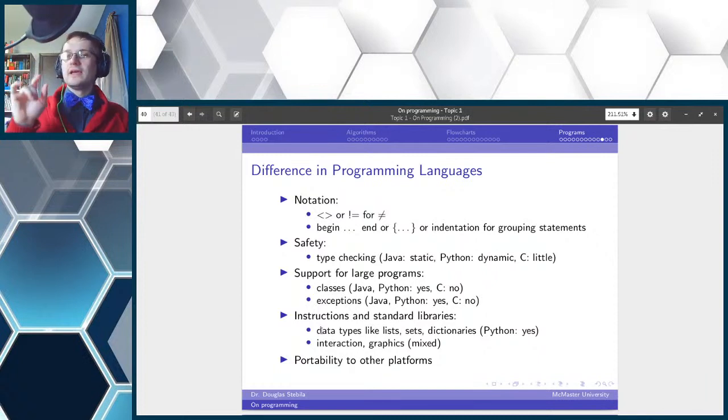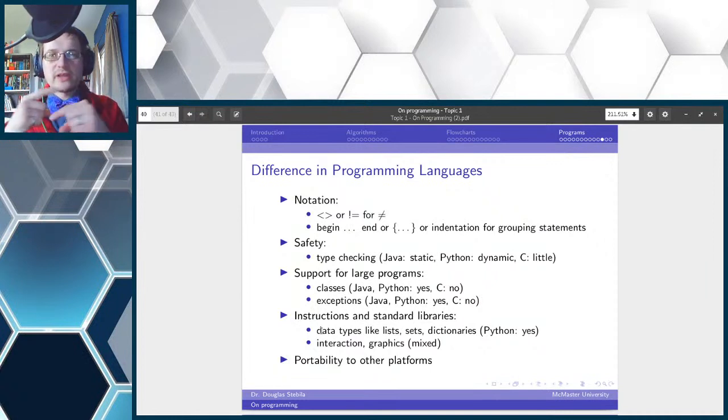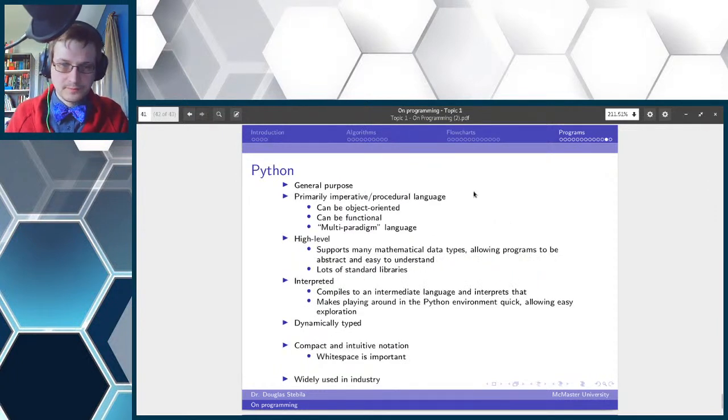So the amount of work it is to include something in a C library is quite large compared to something like C++, Java, or Python. That's why the libraries are kept small. Anyway, another difference is portability to other platforms, although this isn't really a big problem for most general-purpose programming languages.